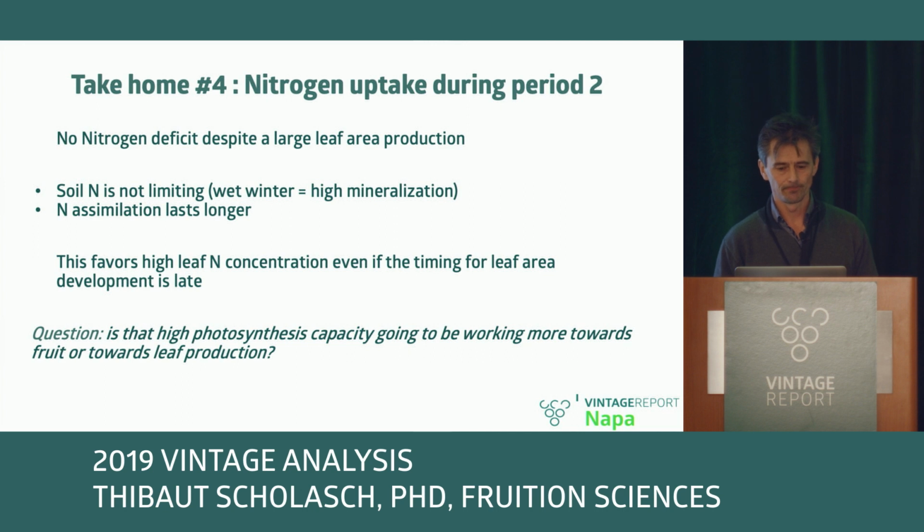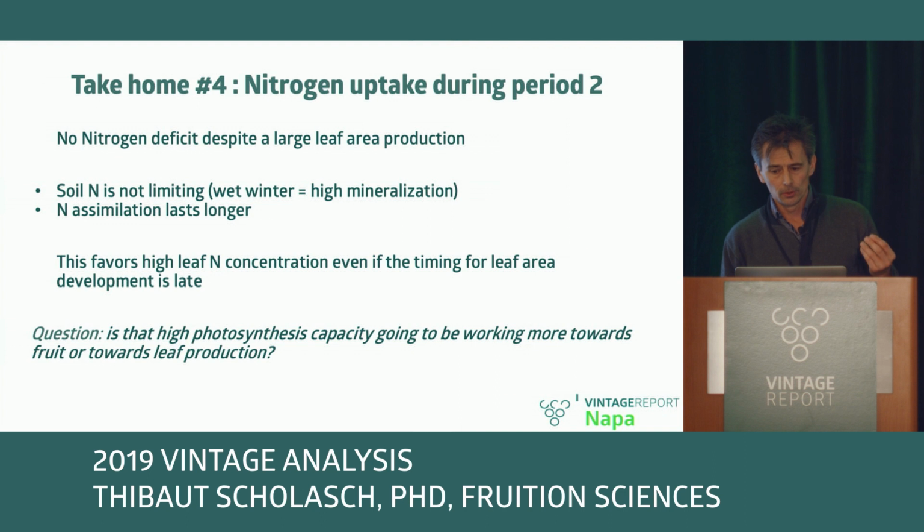We have basically extremely well-performing photosynthetic machinery. How is this machine going to work? Is this going to preferentially benefit the making of more green stuff, more reserves, more starch? Or is it actually going to divert this ability to create a lot of chemical energy towards the making of the fruit?